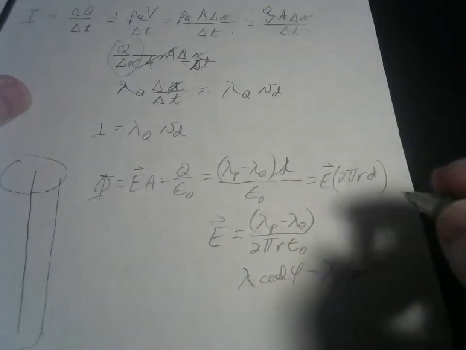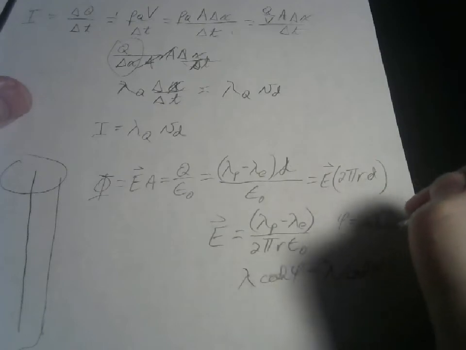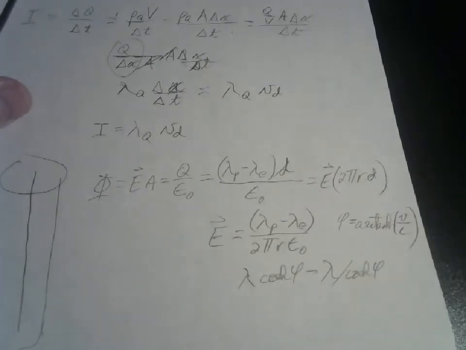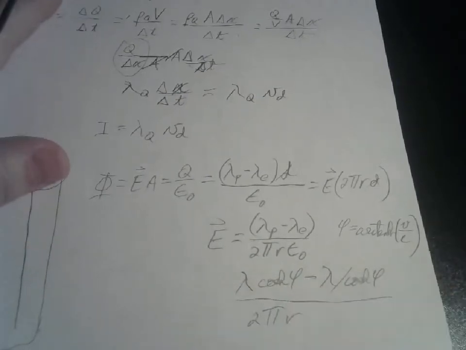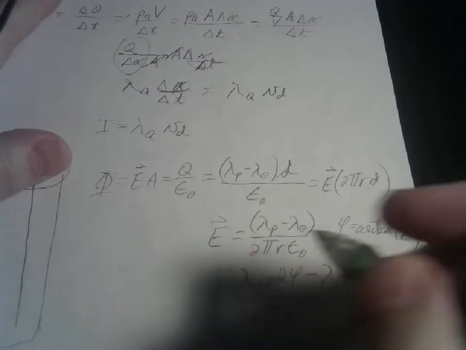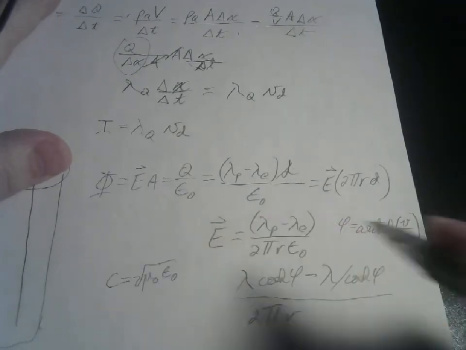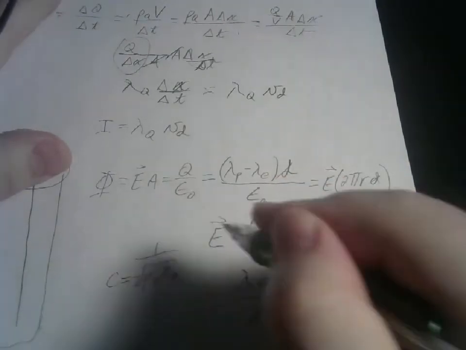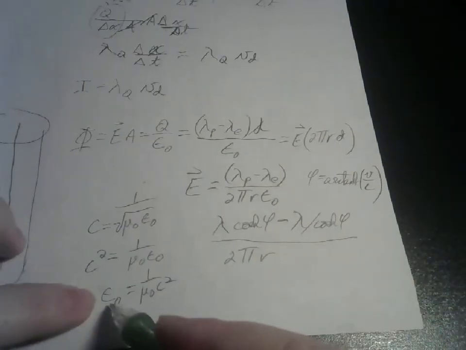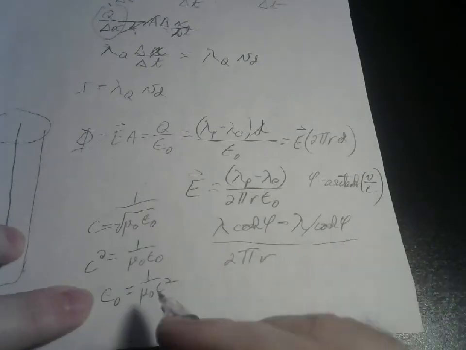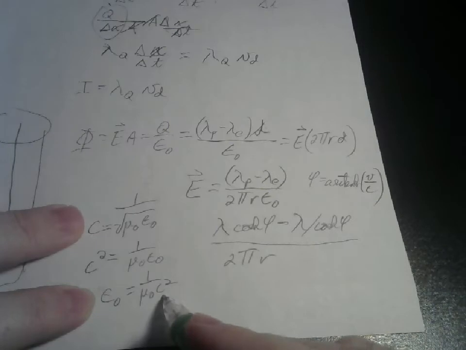And phi here is arctanh of v over c. Okay, and this is all divided by 2 pi r. And let's also note that c is the square root of mu sub naught times epsilon naught. I think that's right. Or is it 1 over square root of mu sub naught epsilon naught? So epsilon naught, did I write that right? Okay, it can be replaced with 1 over mu sub naught c squared.